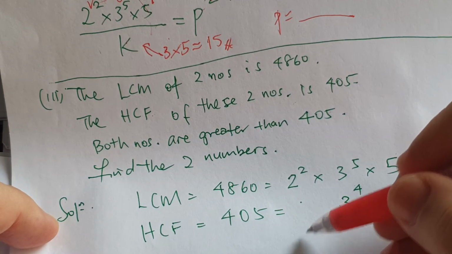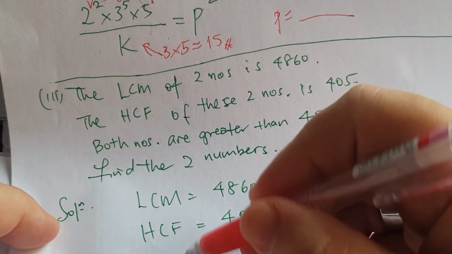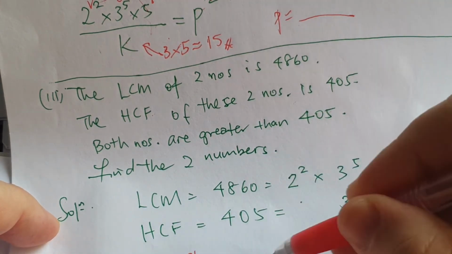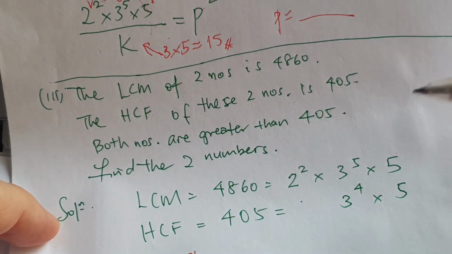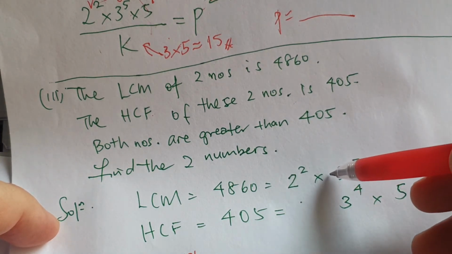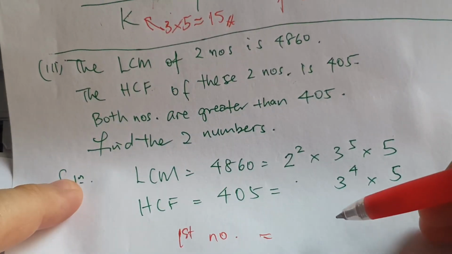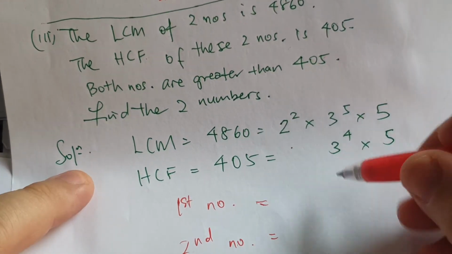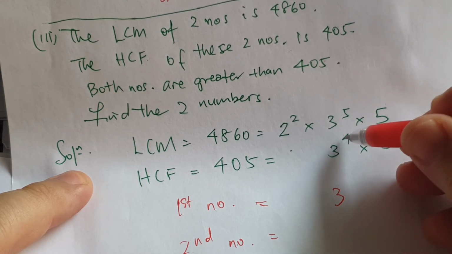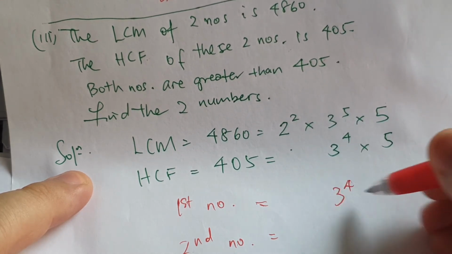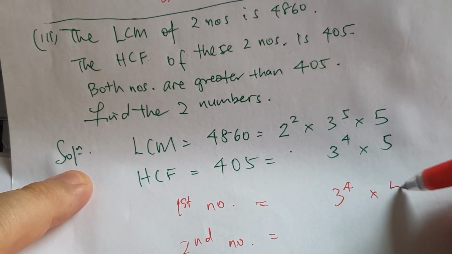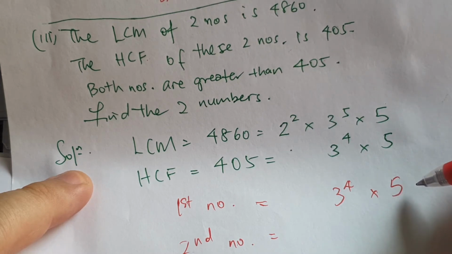You see, first number. Okay, I just write first number. You know that whichever number, both of them must have 3 to the power of 4, 3 to the power of 5, minimally.